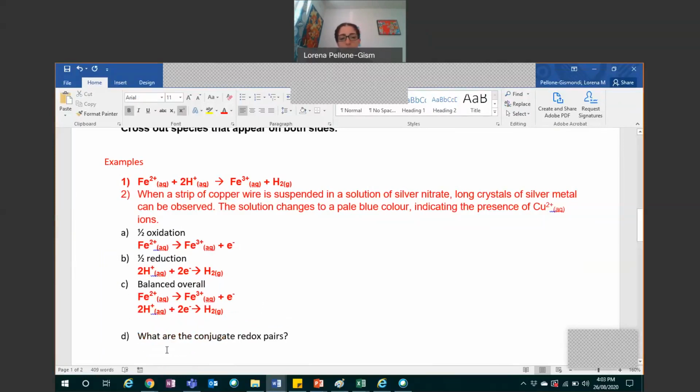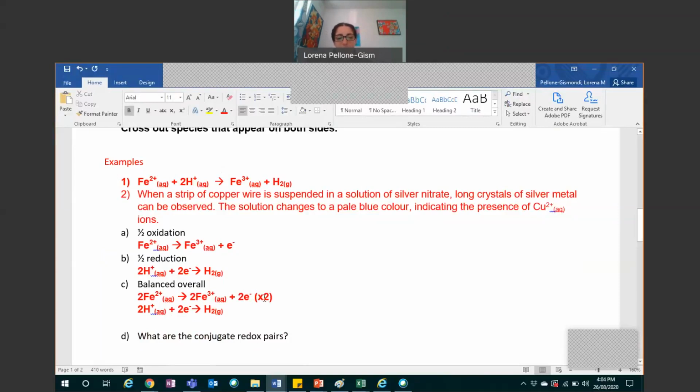Okay, so the number of electrons lost is 1, number of electrons gained is 2, that's not right. So I'm going to multiply this half equation by 2. Basically, you're just trying to find their common multiple, and all that involves is putting a 2 in front of each species.